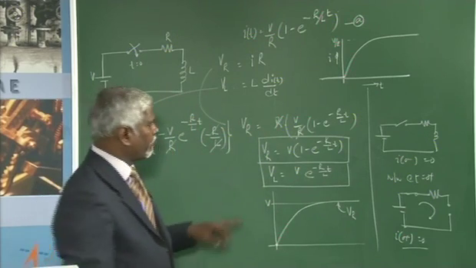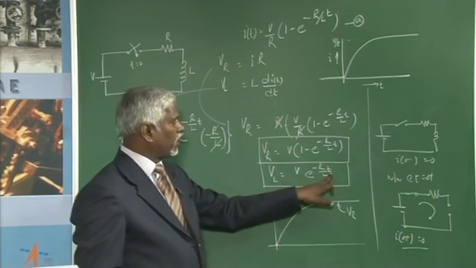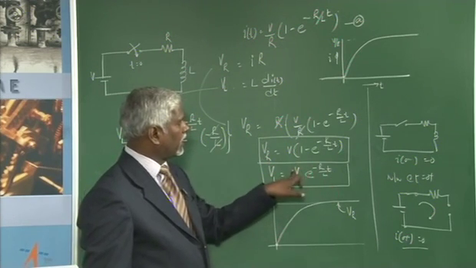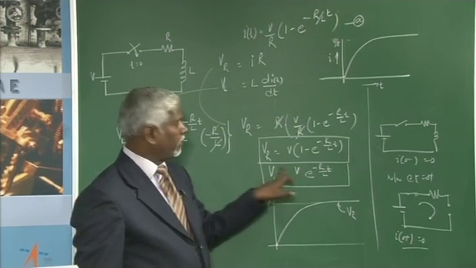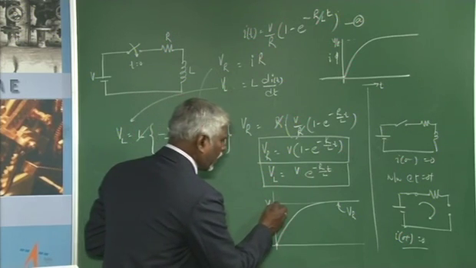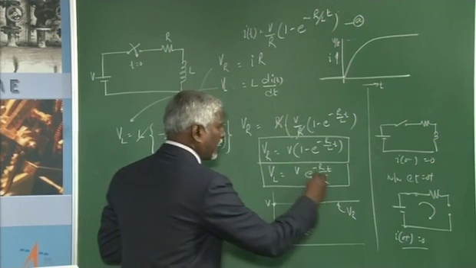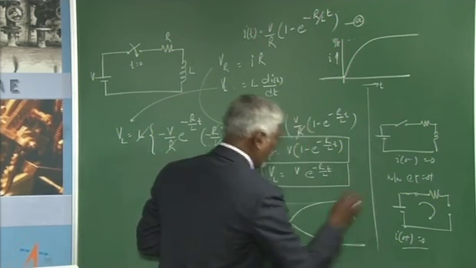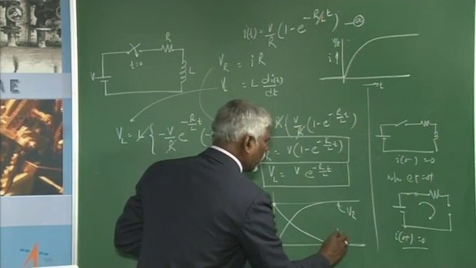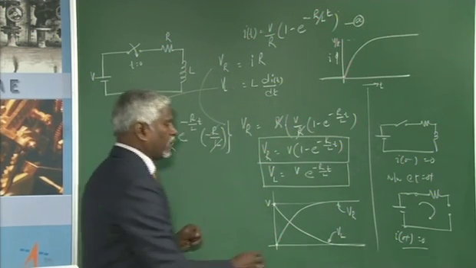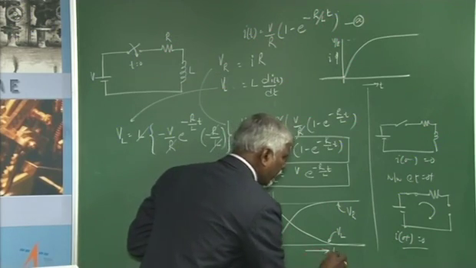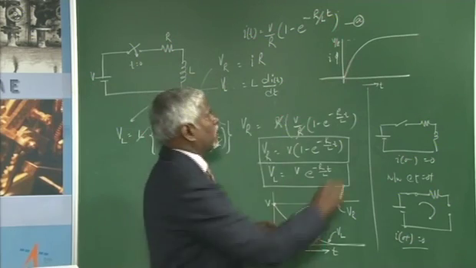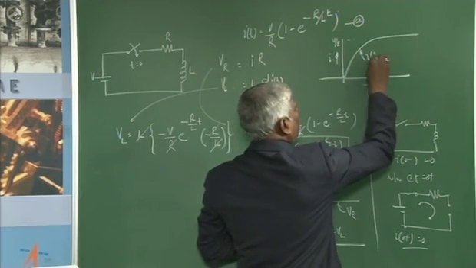varying with time. If you just see VL, when t equal to 0, if I plot the other curve, t equal to 0 means 1, it starts at V, means voltage across an inductor will have a value V, and then gradually it dies down to 0. So, this is your VL with time. What is that we can understand? The current is varying this way, this is the expression I of t.